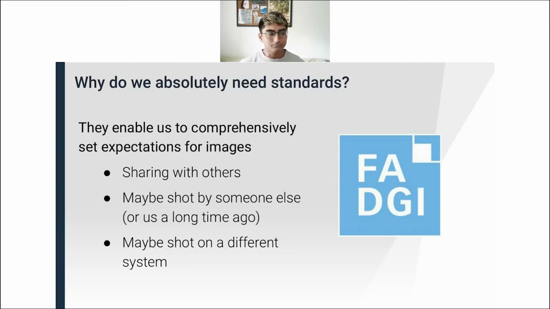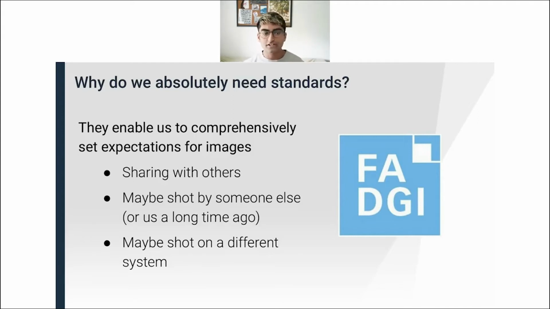So what this does is, if I send an image to you and say this conforms to FADGI 4-star, there is no doubt as to what the color accuracy is, within certain tolerances, what the resolution is, what the reproduction scale is, how large that material actually is, what the tonal response of that image is.